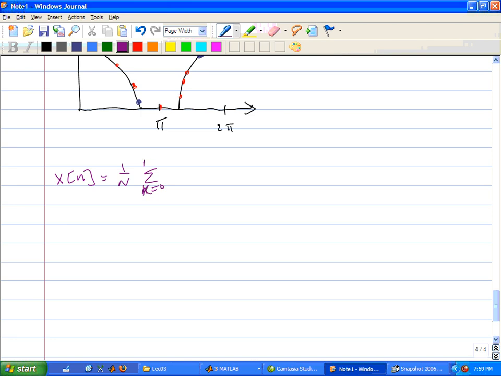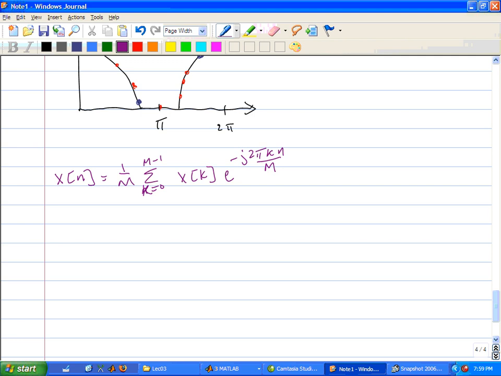It's k equals 0 to M minus 1, X of k e to the negative j 2 pi k n over, I believe it's M. So that's the formula. Now tell me something.